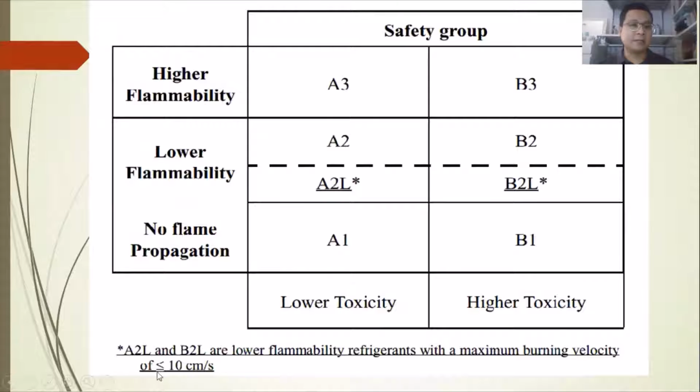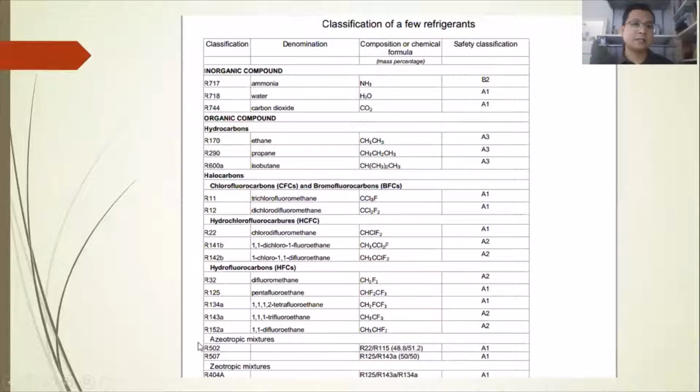A2L itself is a lower flammable refrigerant with maximum burning velocity less than or equal to 10 centimeters per second. High flammability is higher than 10 centimeters per second, given by codes A3 and B3. This is the classification of the refrigerant types with the safety classification.